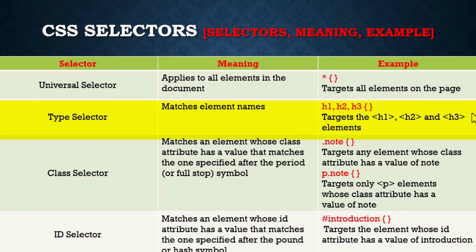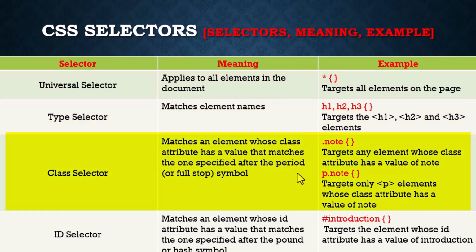So if it's a P, you indicate a P. H1, H2, H3, P. You apply the same rules to them, and the property and the value will be within the curly bracket. Class selectors. In class selectors, we are trying to narrow down what we want to do.